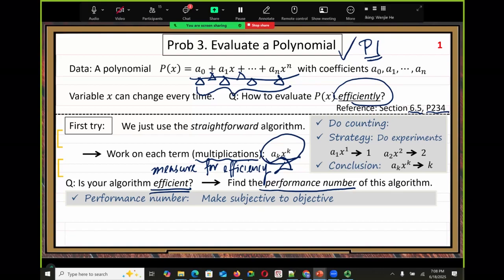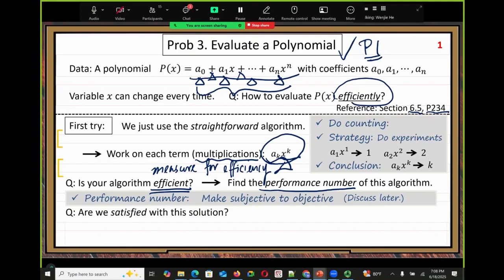So we want to make our efficiency measure objective. Then we have a number that everyone uses, and we can compare the efficiencies. This topic we will elaborate later.